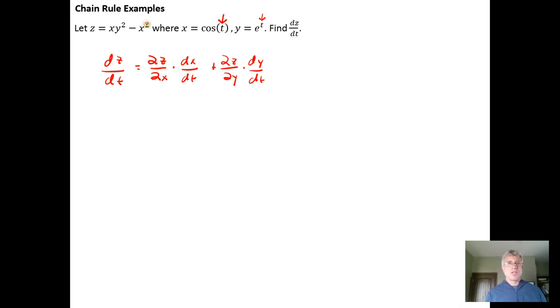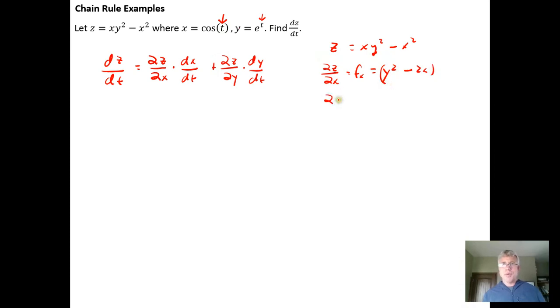So we need to calculate each of these derivatives. So if we first think about z equaling x y squared minus x squared, then partial z partial x, or f sub x, is going to equal, we hold y constant, so x times y squared, the derivative with respect to x will be just y squared, because we treat y squared as the constant coefficient on x, and then minus the rate of change with respect to x will be 2x, so there's our partial z partial x.